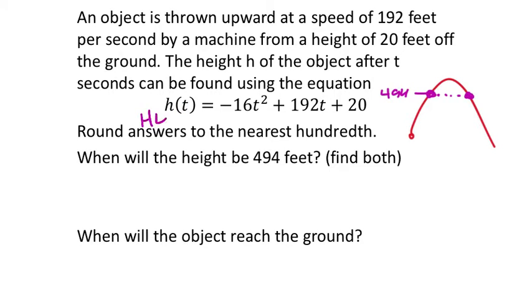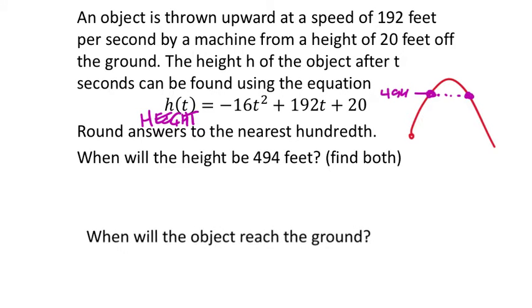Its highest point's going to be more than that. That's a very high height for throwing something, unless you're using a machine to throw it, I guess. But the height here is 494 feet. Okay, so I'm going to set this aside so that I have some space to work with.